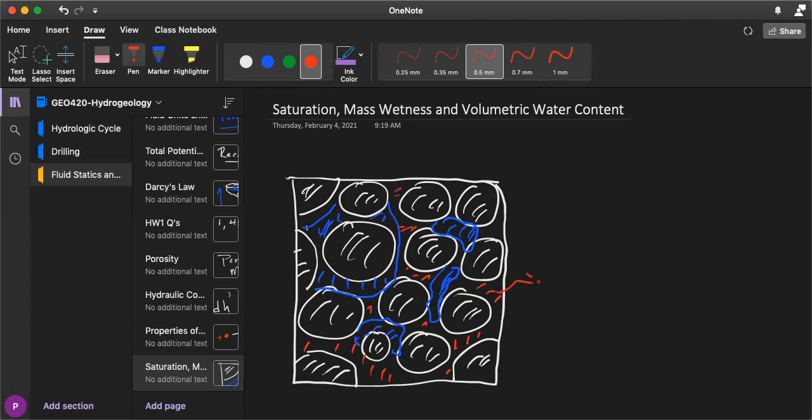So this is air, and this is water. Okay, so saturation, mass wetness, and volumetric water content are ways to describe how much of the pore space is full of water.